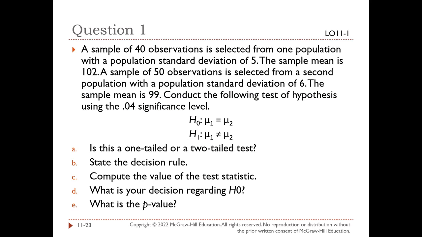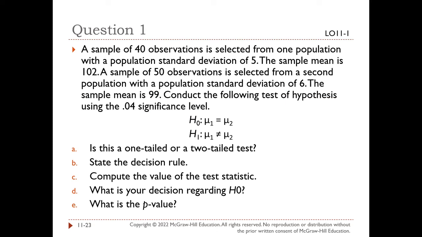Starting off with the first question, even though they're different numbers, we have a sample of 40 observations selected from one population with a population standard deviation of 5. The sample mean is 102.